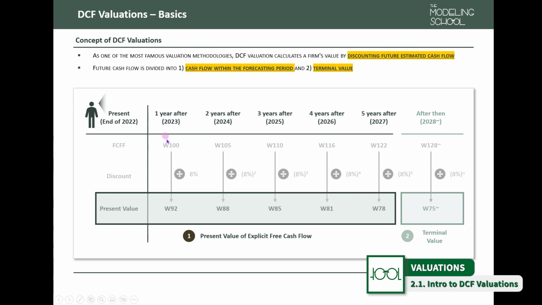What you want to know is how much cash you can take from this individual company's cash flow. How much cash you can take from this company after the company pays off its labor costs, marketing costs, R&D costs, and then taxes to the government, and after spending money for capital expenditures and investment in working capital.